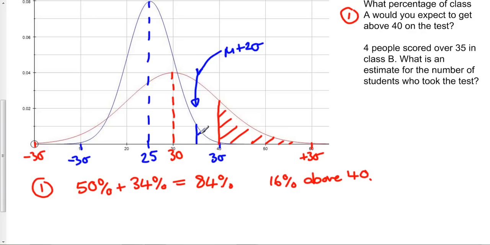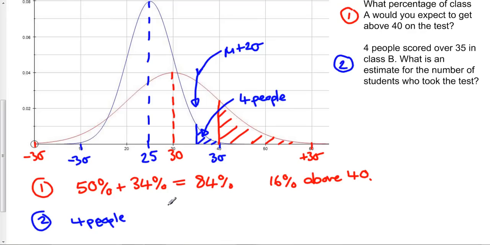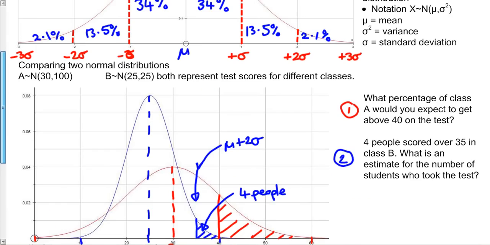So we know that there are 4 people over that, and we're going to make an estimate for the number of people who took the test. So really we want to know for this second question, if 4 people are over that point, what percentage would that be?